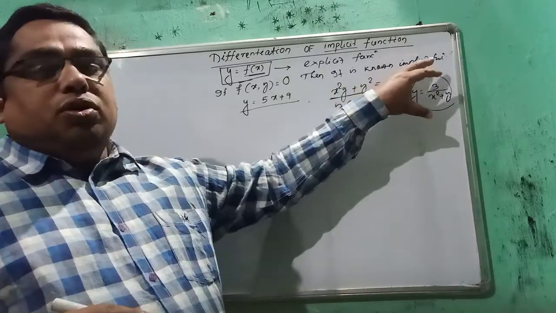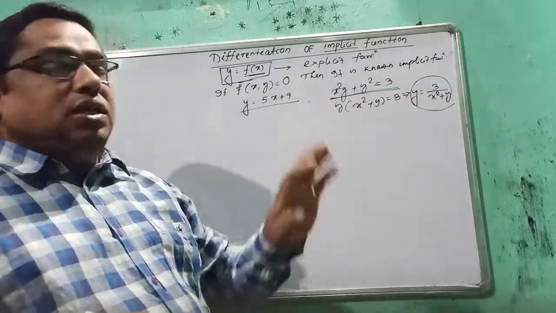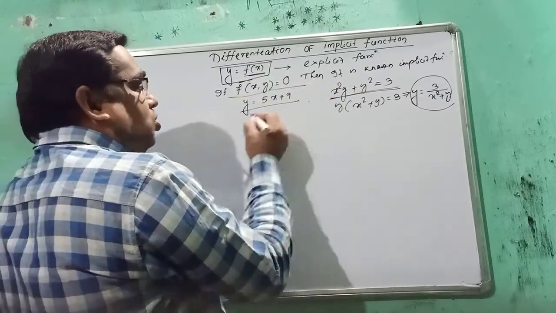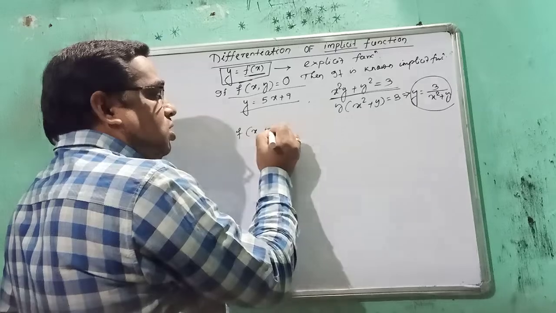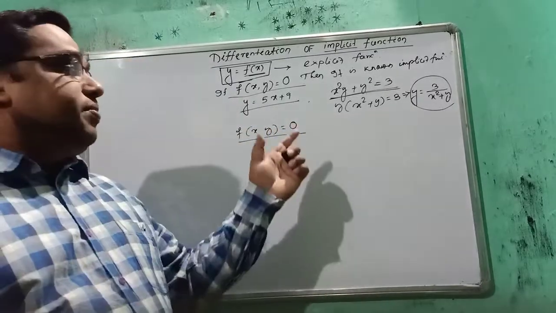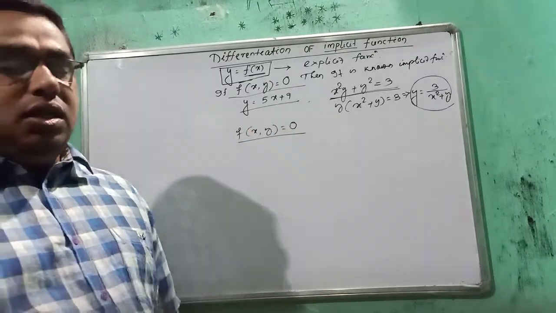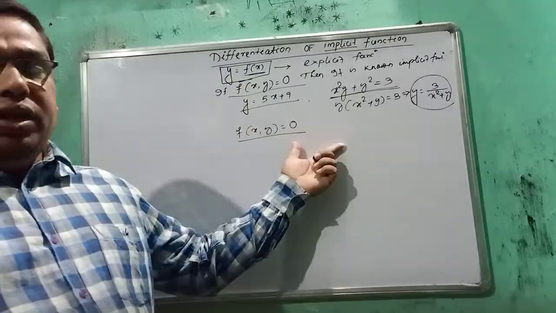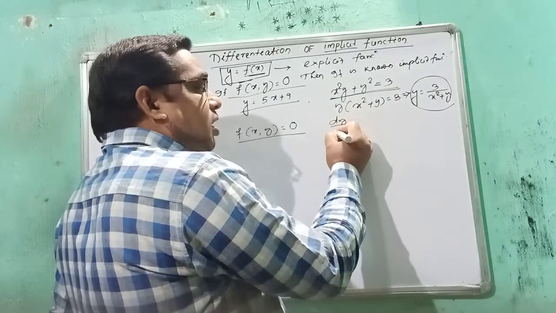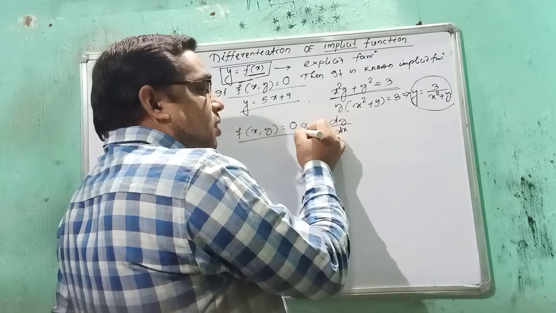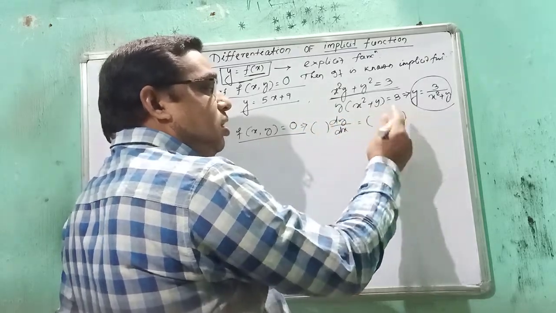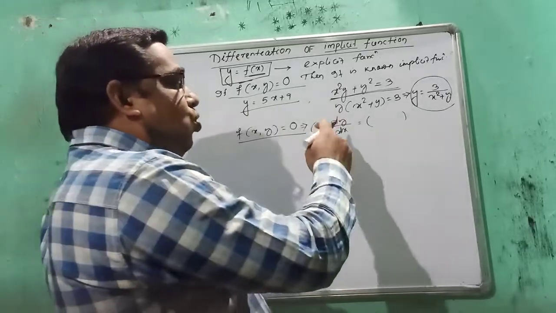If this type of function comes, then to find its derivative, if an implicit function of x, y equal to 0 is given, in this case we have to differentiate with respect to x on both sides. Then the dy by dx terms are taken to one side and other terms are taken to the other side.